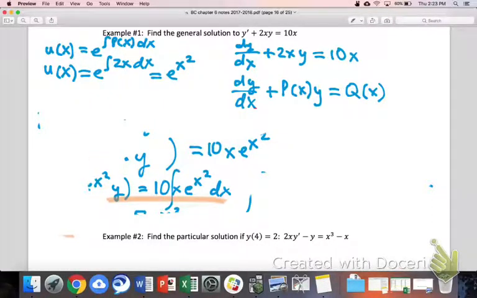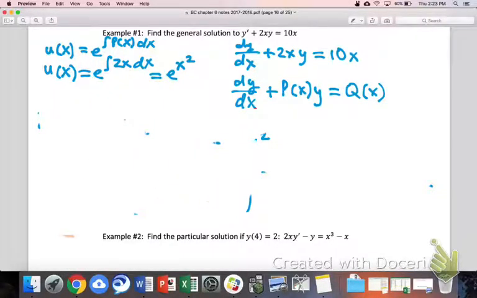This would be the point where you'd want to use your formula, once you have found your integrating factor of e to the x squared. If you've got the formula memorized, which I realize is not that hard, it's also somewhat meaningless unless you know where it came from a little bit.